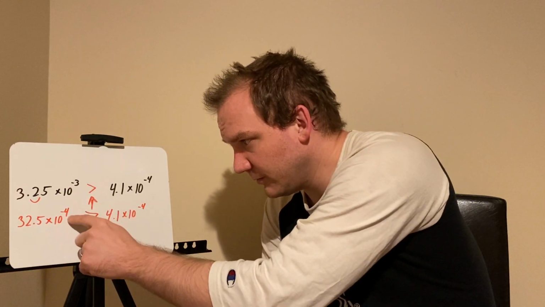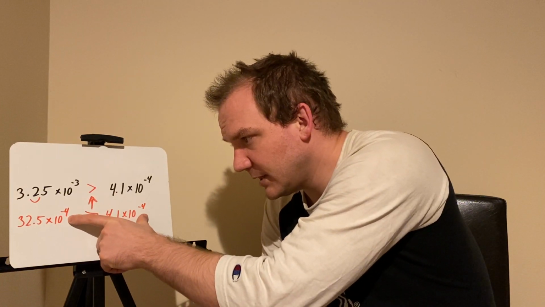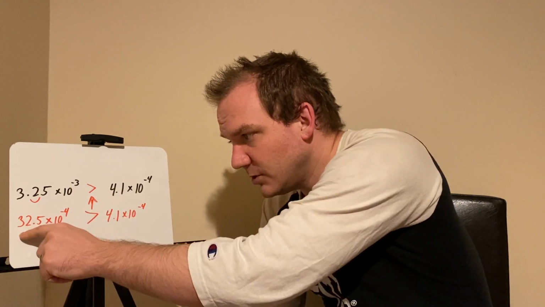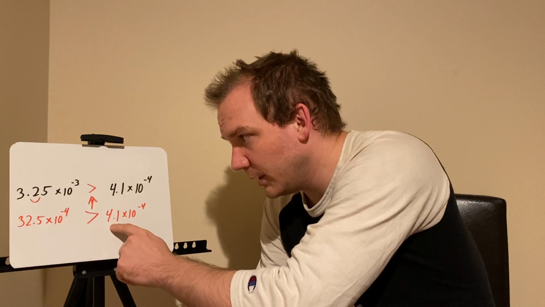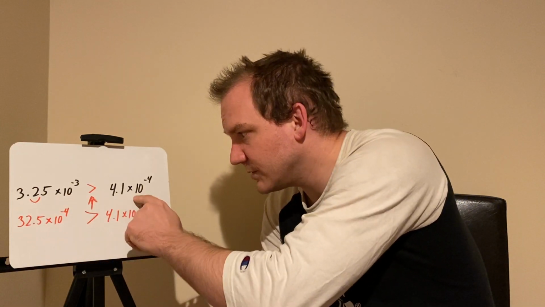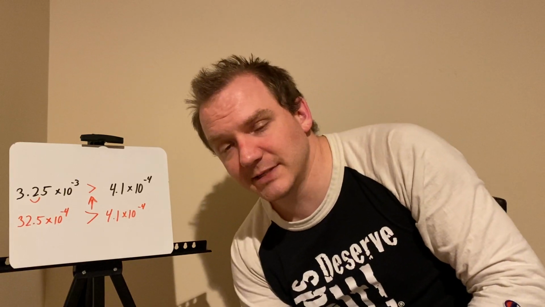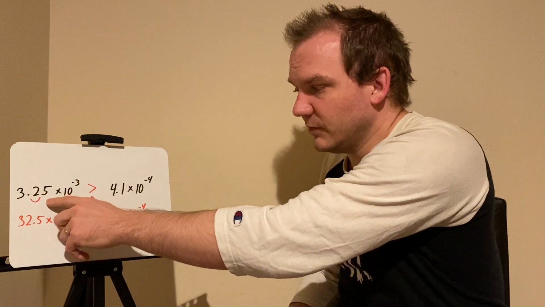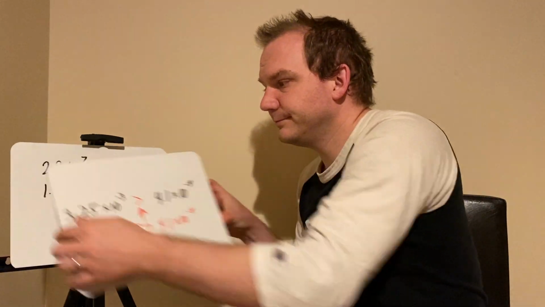So it went from negative 3 to negative 4. So now I have 10 to the negative 4. But this is 32.5 and this is 4.1. And 32.5 is greater than 4.1. So I would say that 32.5 times 10 to the negative 4 is greater than 4.1 times 10 to the negative 4. So we would say that this number, going back to the original problem, is greater than the other one.